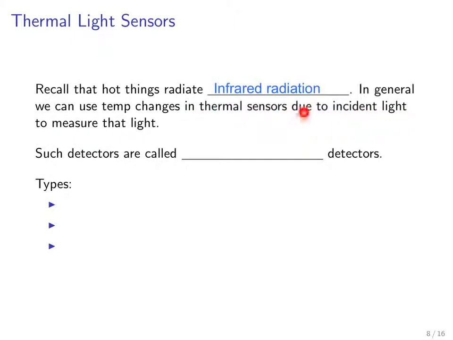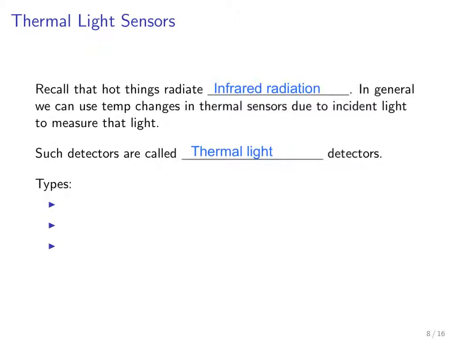So incident light on any given thermal sensor will change its temperature, and we can use that to measure the light. That's the first kind of light sensor that we're going to talk about, these thermal light sensors. Again, such detectors are called thermal light detectors, since they are based on temperature changes in the device due to incident light.